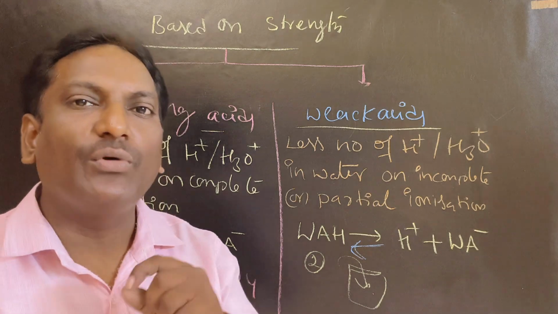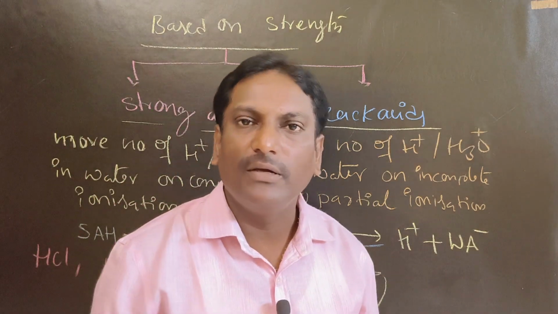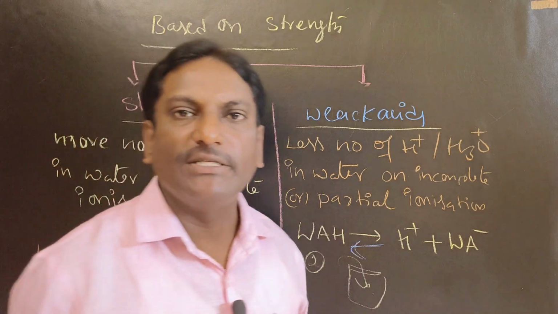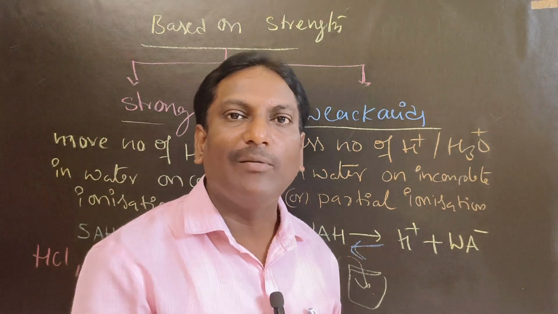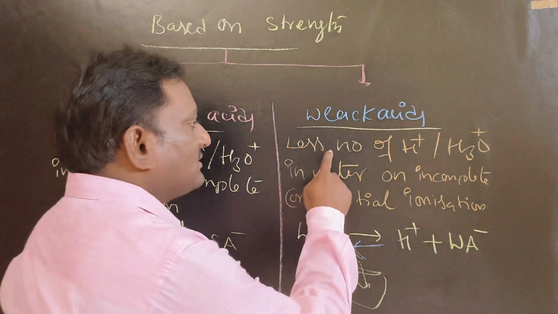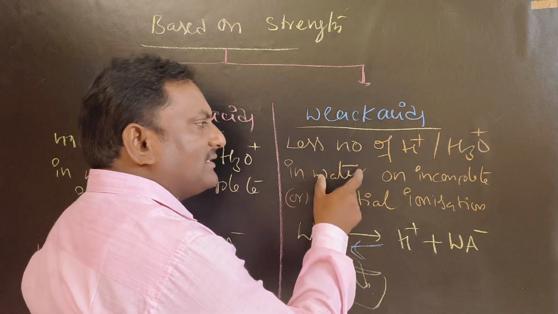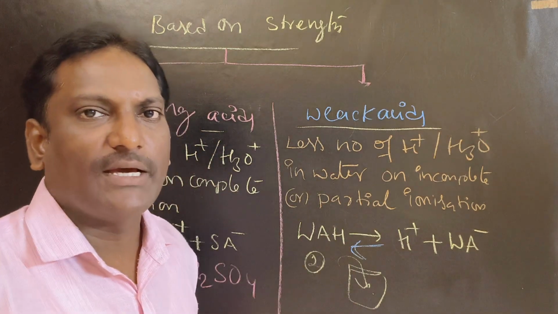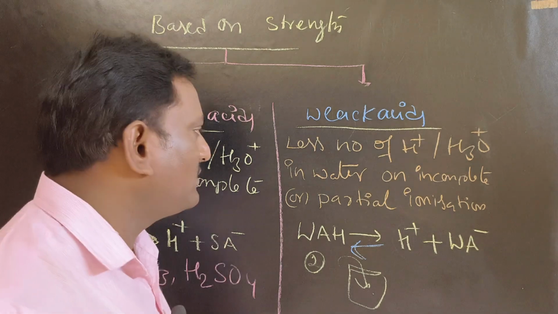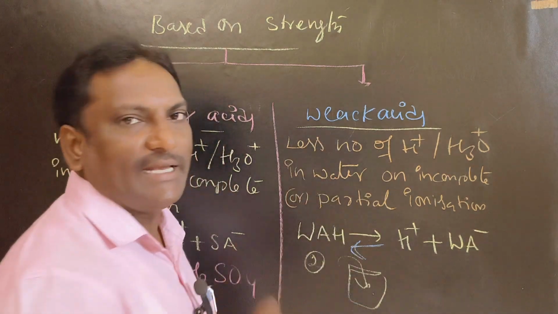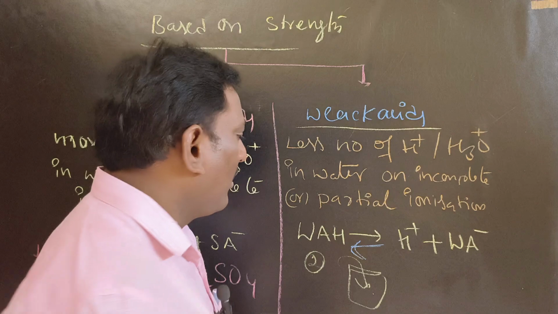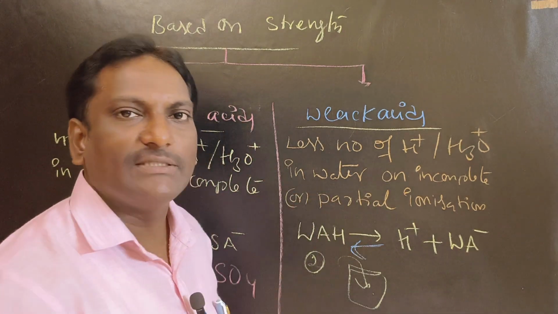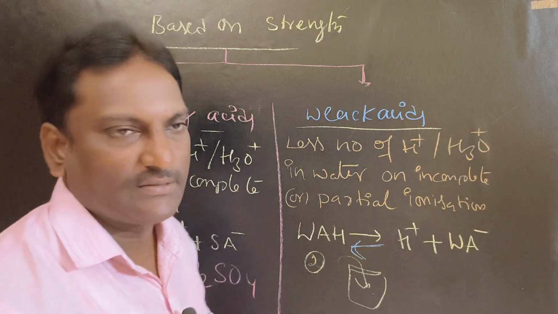That's why there is no availability of more number of hydronium ions. This kind of ionization is called partial or incomplete ionization. Those acids which are ready to produce less number of H plus ions or hydronium ions on incomplete or partial ionization, not complete, are considered as weak acids.